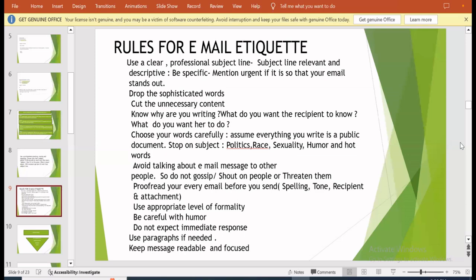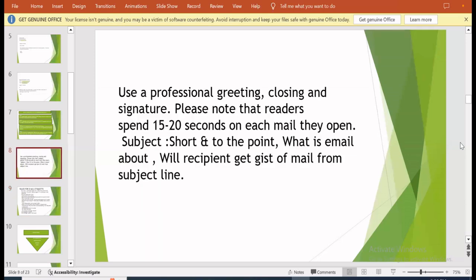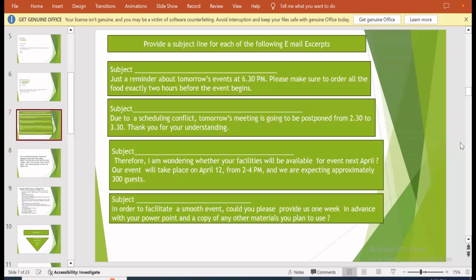Sir, I have a doubt in the seventh slide, sir. Previous slide. Your subject should only be written in outline, sir?